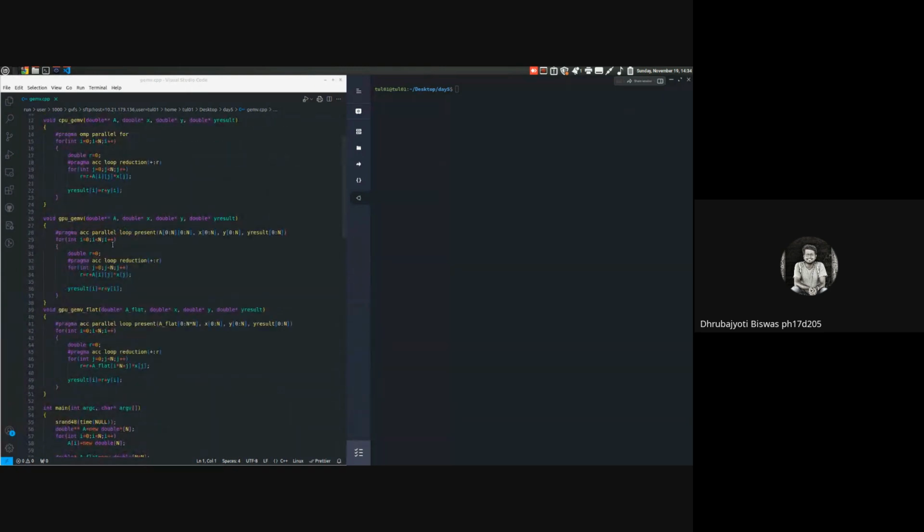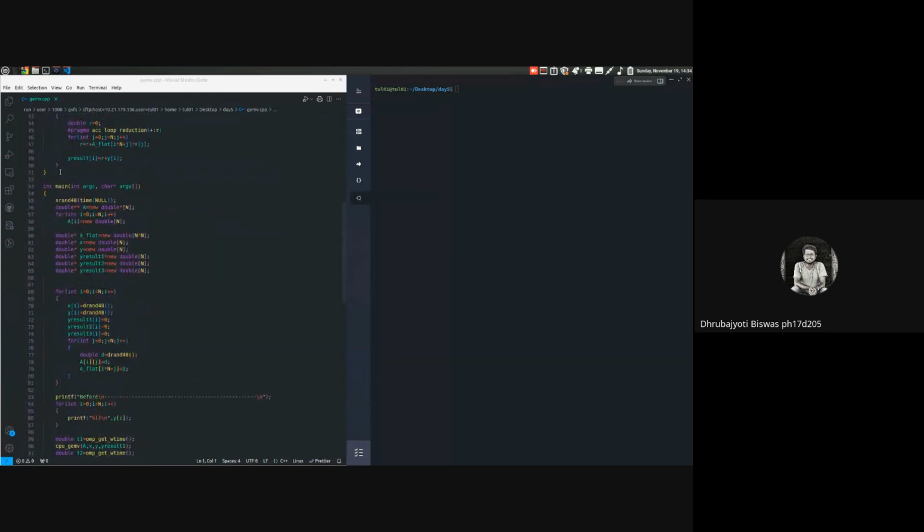Okay, so if you look here, I have declared the matrix, and this is another important point I will come to in this example, that I have also declared a flat matrix. What do I mean by a flat matrix? In all these BLAS routines, if you have used such a routine, they will ask for a flat matrix.